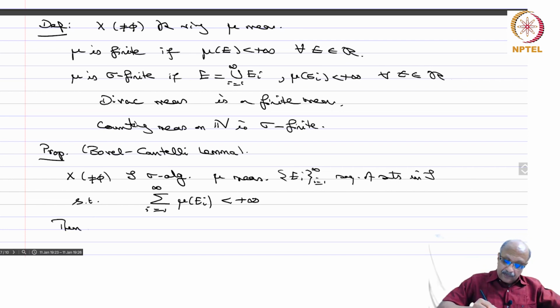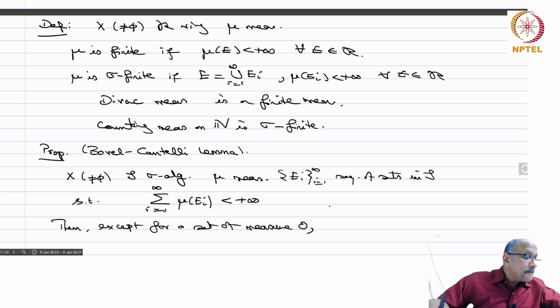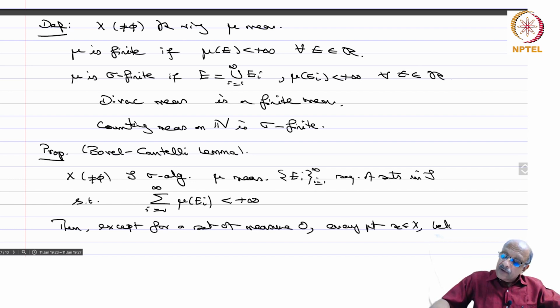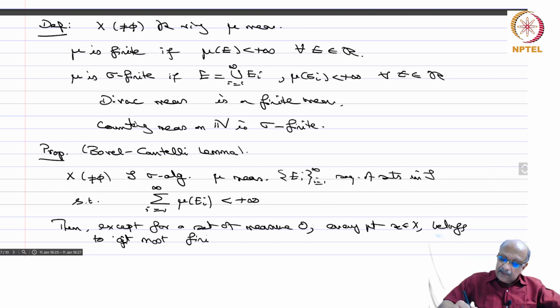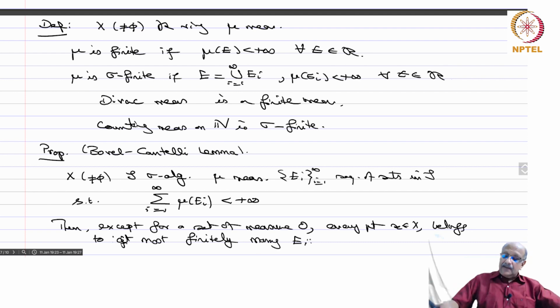Then, except for a set of measure 0, every point x in X belongs to at most finitely many E_i.